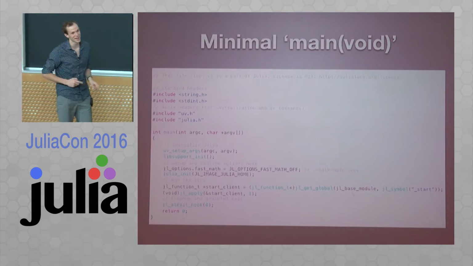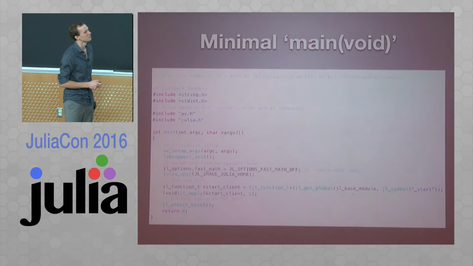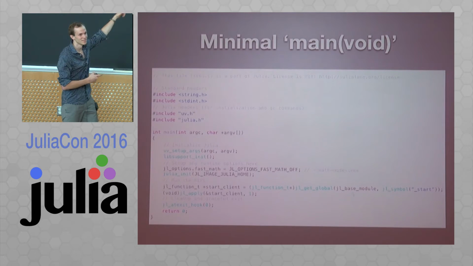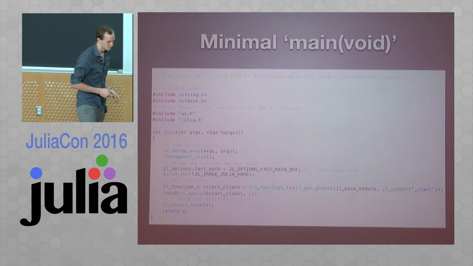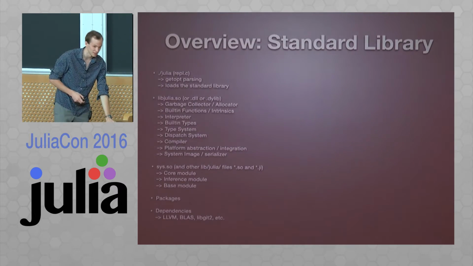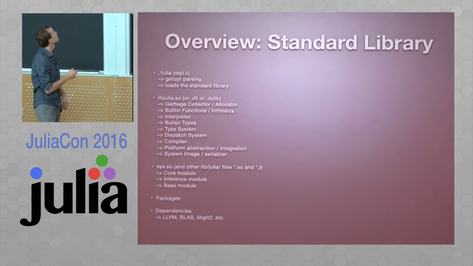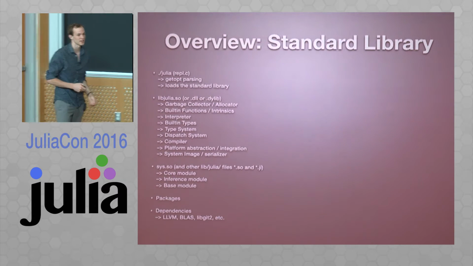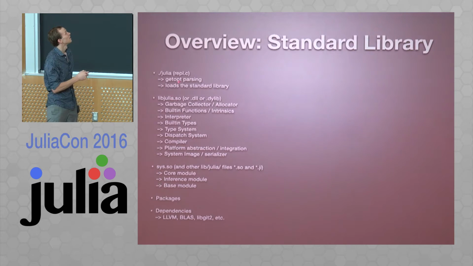It's not quite this tiny because I didn't put any of the getopt parsing on here, but this is all it does. And all of the real work happens in the standard library that's contained in libjulia and the sys.so file that we just built.